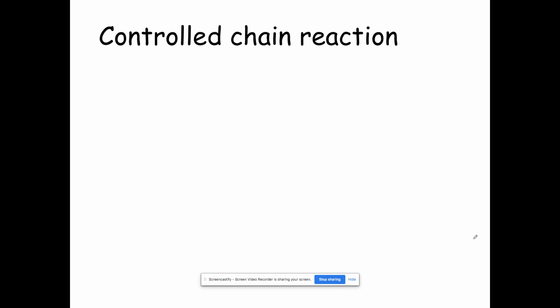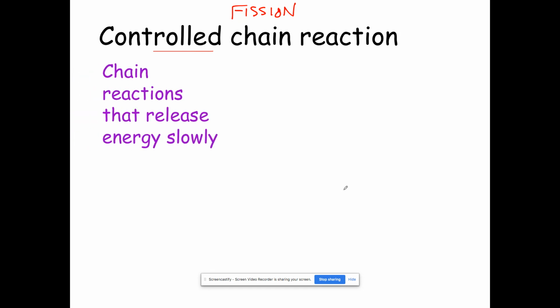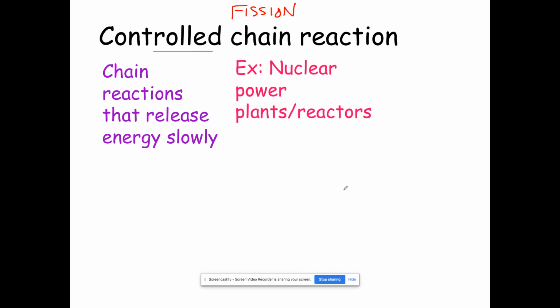So there are two kinds of chain reactions in which we undergo fission. There are ones that we control, and there are ones that we don't. And there are pros and cons to both. In a controlled chain reaction, we can get all that energy, but we can kind of control how fast it goes and get it to work for us.